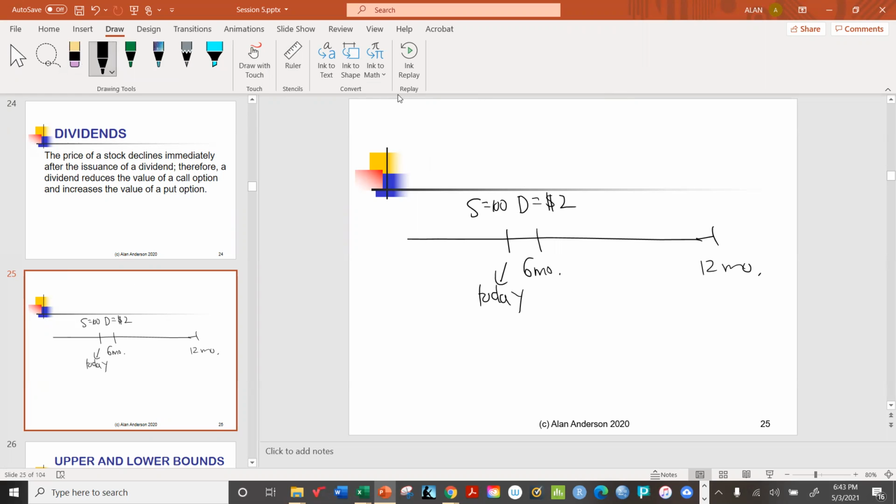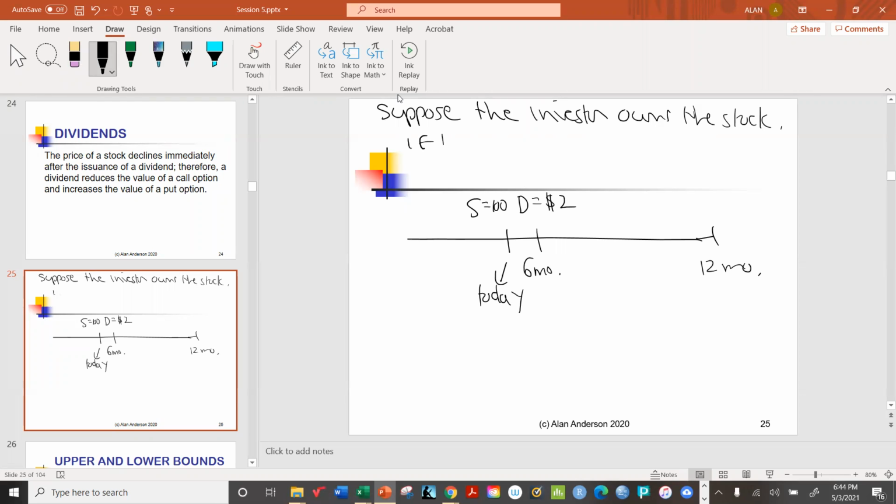Let's try it this way. Suppose the investor already owns the stock. It's worth $100. You own a $100 stock.